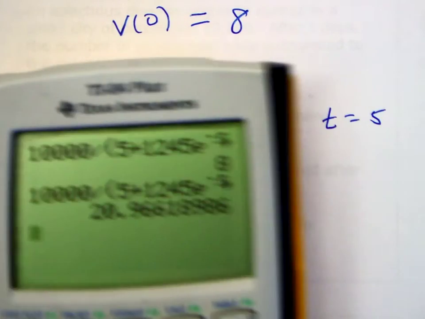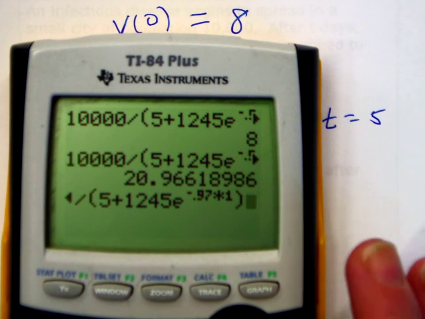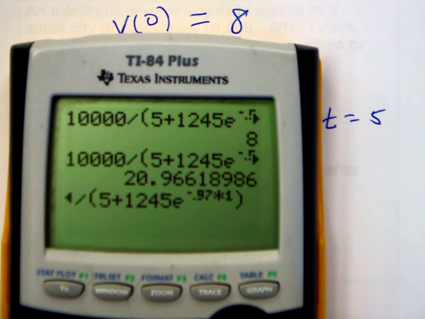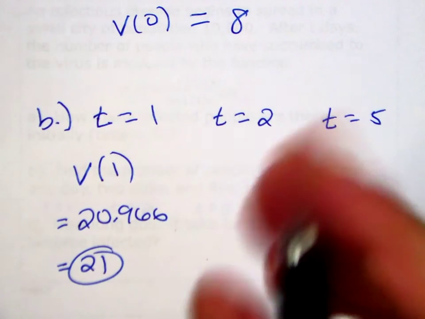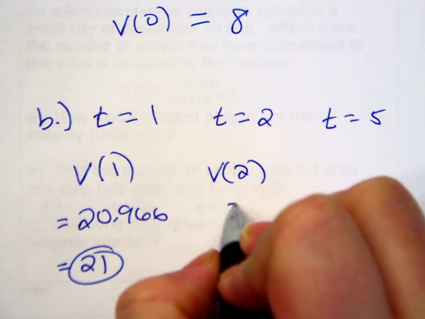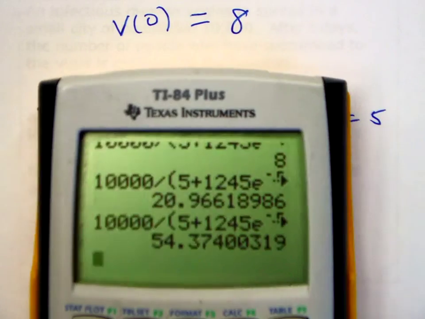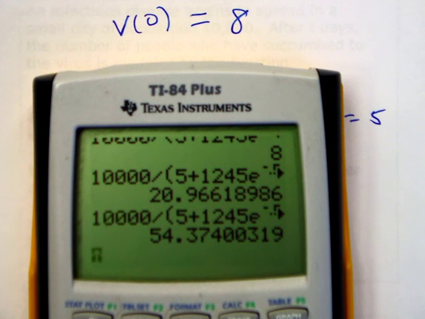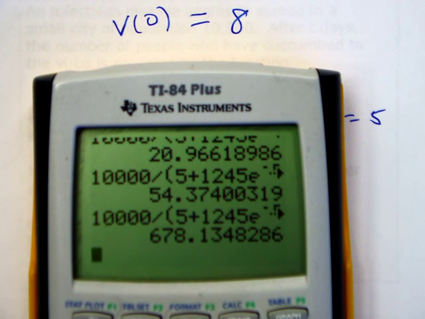Then back to the calculator, second enter, and replace my 1 with 2. After 2 days, about 54 people were sick. V of 2 equals 54. And let's see what happens after 5 days. Second enter, replace my 2 with 5. 678.